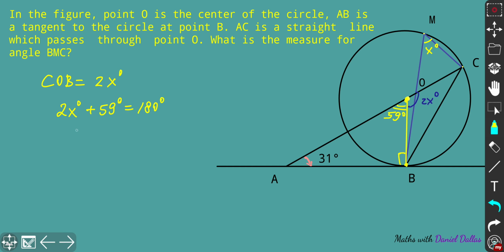If you subtract, you'll get 2x equals 121. And now you just divide by 2, which is going to be 60.5 degrees. So that's the degree measure for the angle x, and we easily found it.